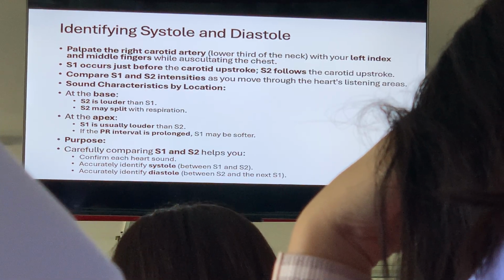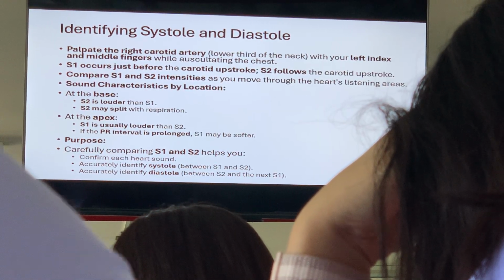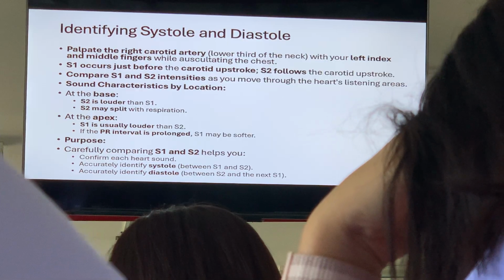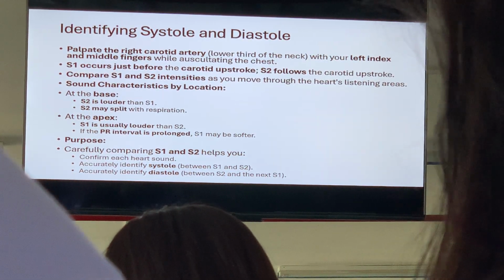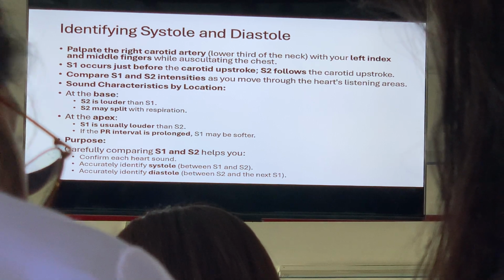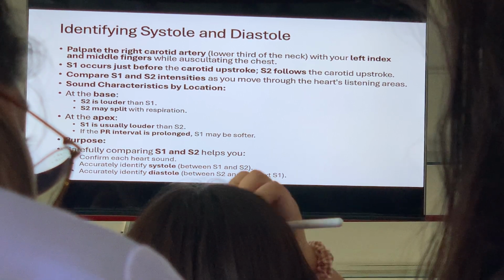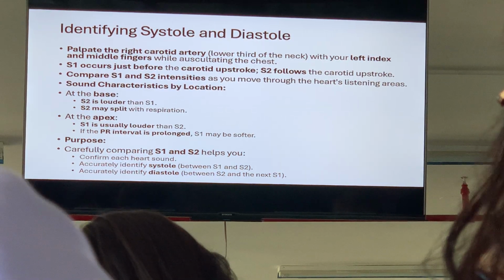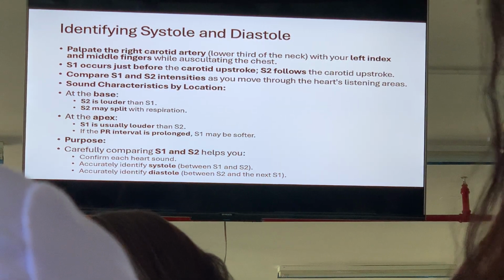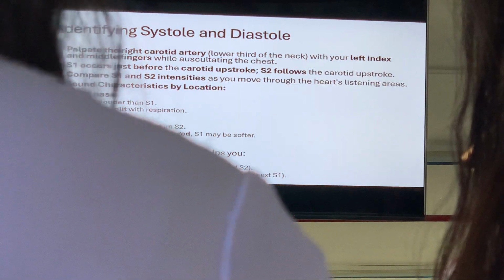As you can see, at the base, S2 is louder than S1. This is important. But S2 may split with respiration, okay? At the apex, S1 is usually louder. That's why I asked earlier which valves close when you have S1.